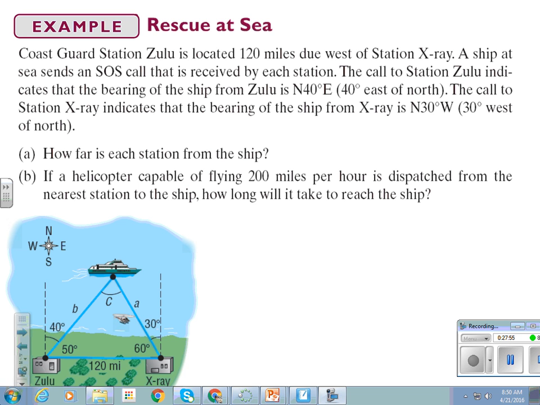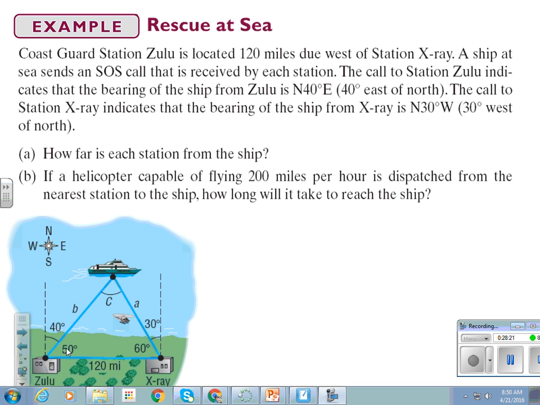Okay. So we got Zulu, we got X-ray, we got the ship. We know the two stations are 120 miles apart. We know our ship is 40 degrees in the northeast direction from Zulu, so that's 40 here.